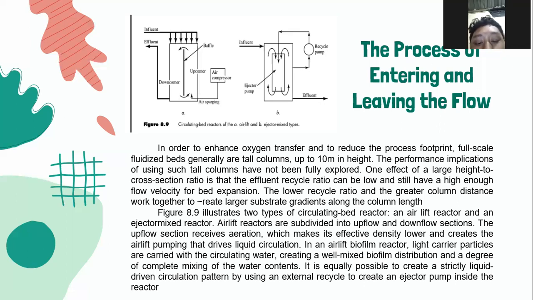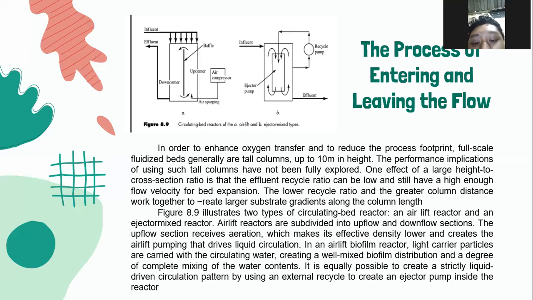Figure 8.9 illustrates two types of circulating bed reactor, an airlift reactor and an ejector mixed reactor. Airlift reactors are subdivided into upflow and downflow sections. The upflow section receives aeration, which makes its effective density lower and creates the airlift pumping that drives liquid circulation.